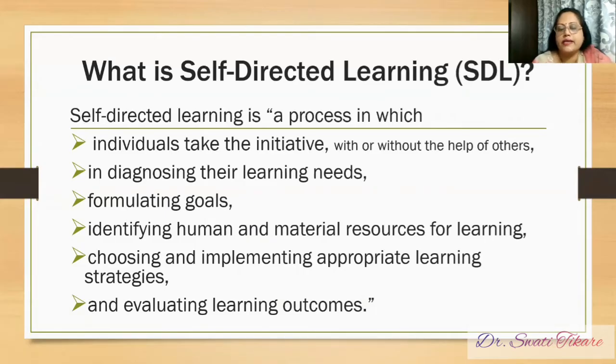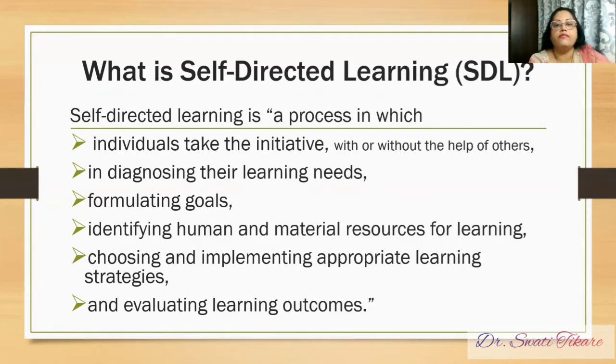So all of these things, beginning from taking the initiative to making the objectives, then formulating the goals, finding out the resources, then working on how the strategy will work and how they plan to get it done, and then monitoring themselves on and off to see whether they are going in the right path.